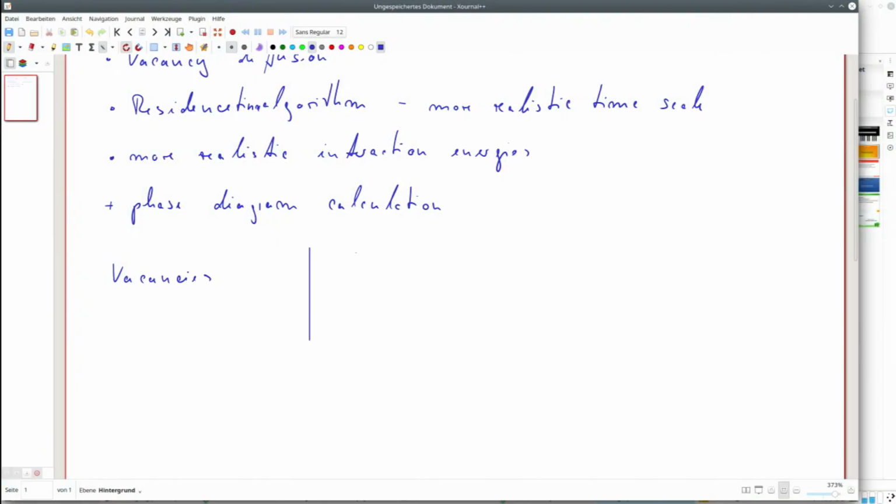So you have your lattice, and one of the lattice sites is unoccupied, and you have your atoms around it, say A and B atoms. Perhaps like this. And then an atom can jump into the vacancy, or the vacancy can jump to a neighboring atom.